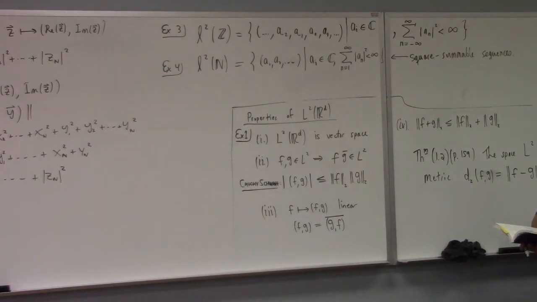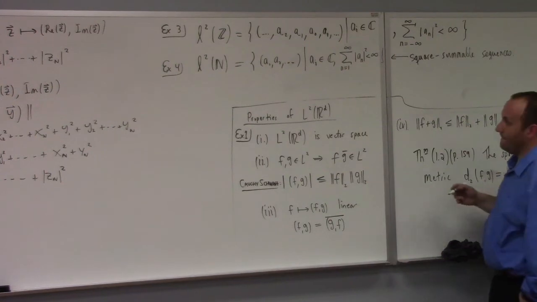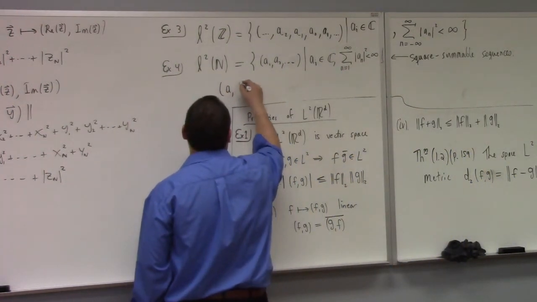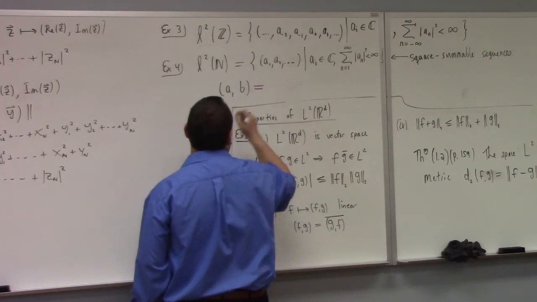I guess you might wonder, first of all, what's the inner product on L2Z or L2N? If it's a Hilbert space, it's supposed to have an inner product. I told you the norm. What's the inner product? If I take sequence A and sequence B, and I ask, what's the inner product of A and B?